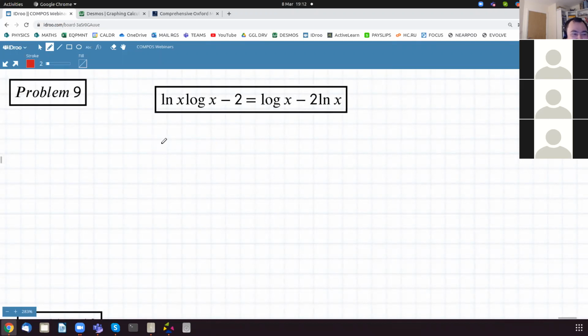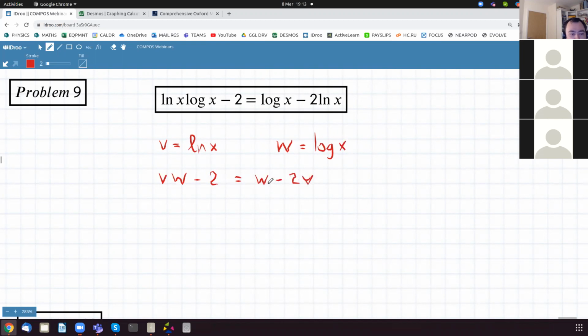I'm going to use v and w. v is ln x, and w is log x. And I'll rewrite the equation. So vw minus 2 equals w minus 2v.